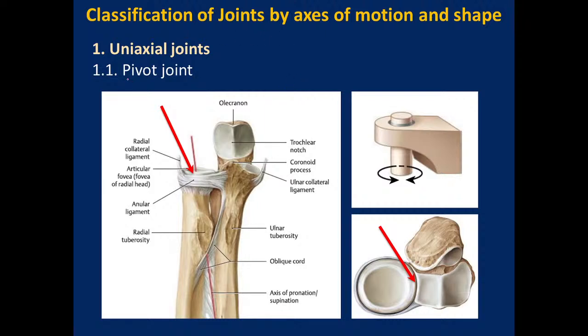You see here the pivot joint or trochoid joint. The rounded or pointed surface of one bone articulates with the ring formed partly by another bone and partly by a ligament.